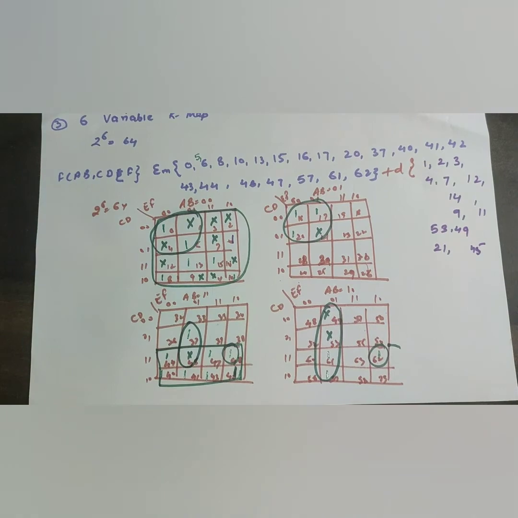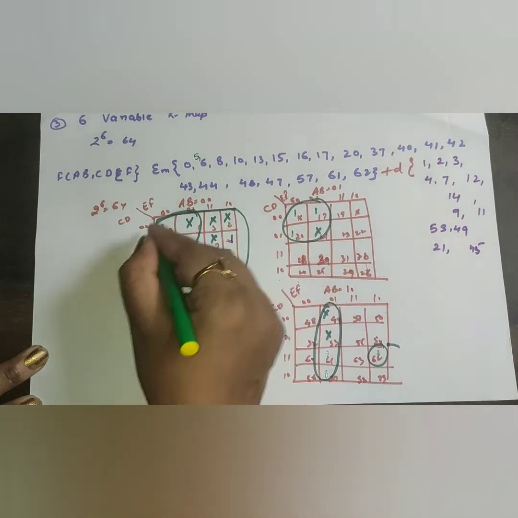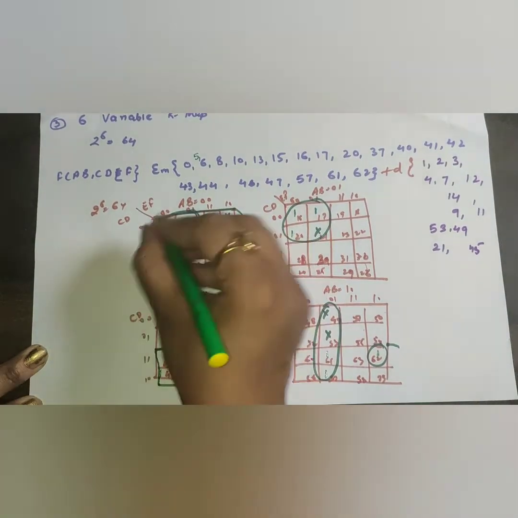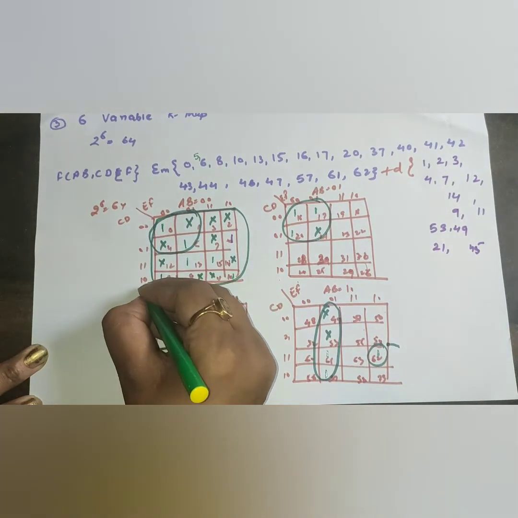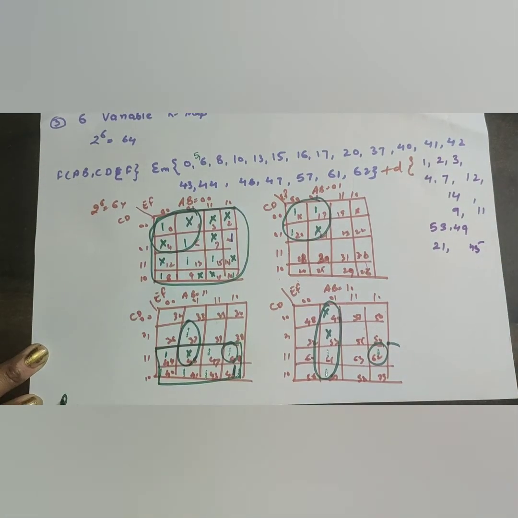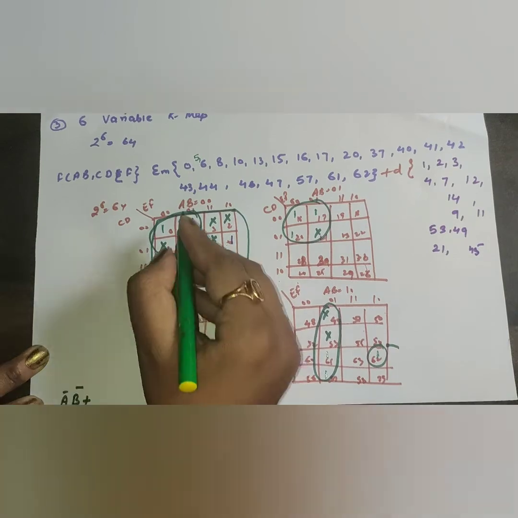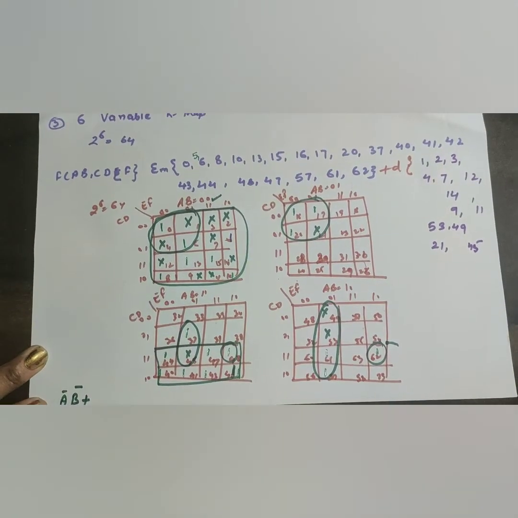by this. Okay, now how can we write the equation? This 16: C and D are eliminated and E and F are eliminated. Only A bar and B bar are there, because for this A bar B bar is constant.